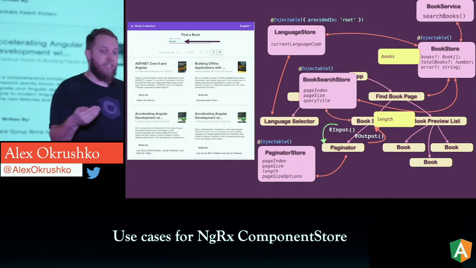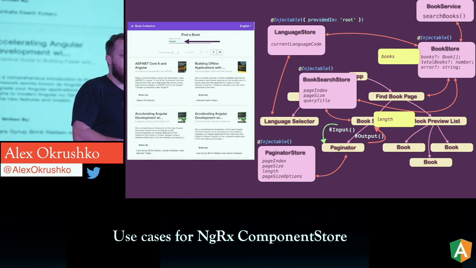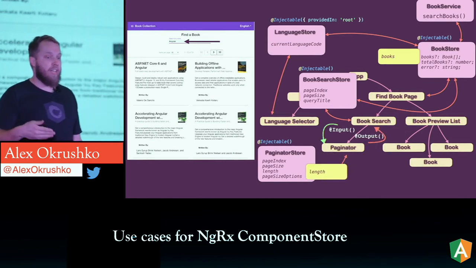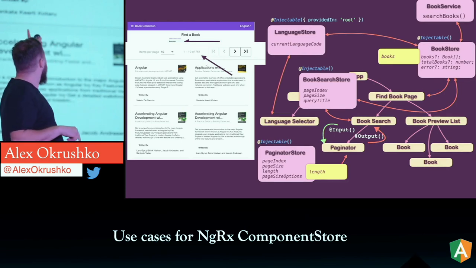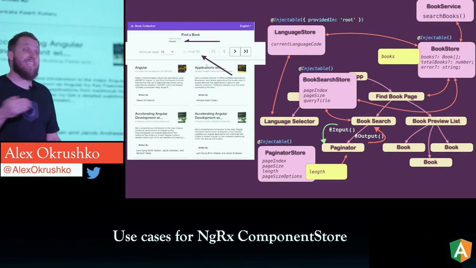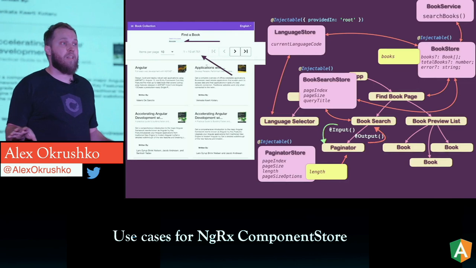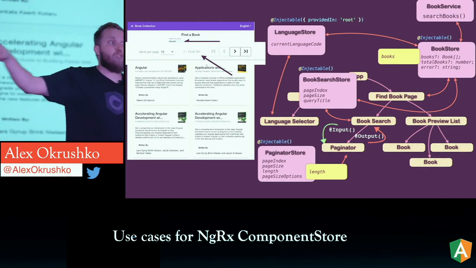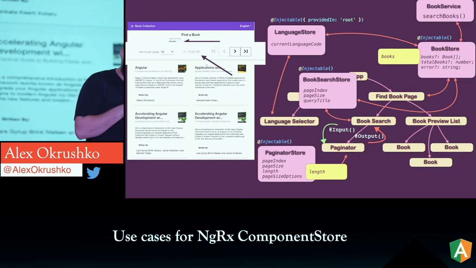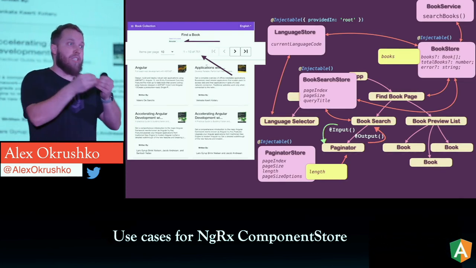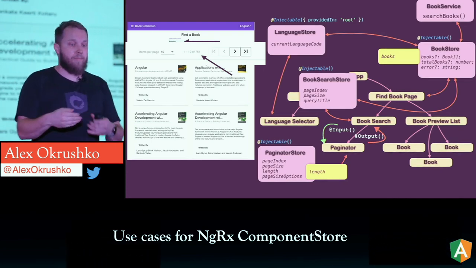So the paginator is like, hey, here's your new length, and it updates the length. So all things are 100% reactive. Nothing is telling anything what to do. Everything is saying, I'm interested in this data, I'll read it, or do this when these triggers happen.